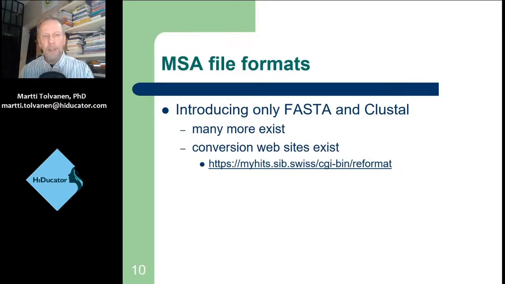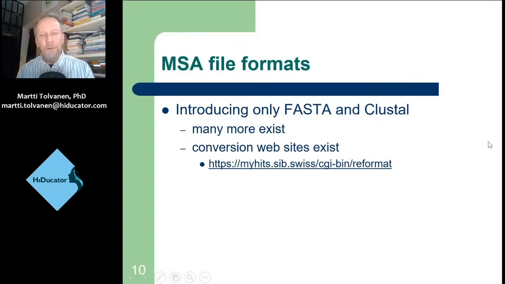Now let's take a short tour of MSA file formats. And actually we are only going to be looking at FASTA multiple sequence files and Clustal format files. There are lots of multiple sequence alignment formats, and luckily there are conversion websites.